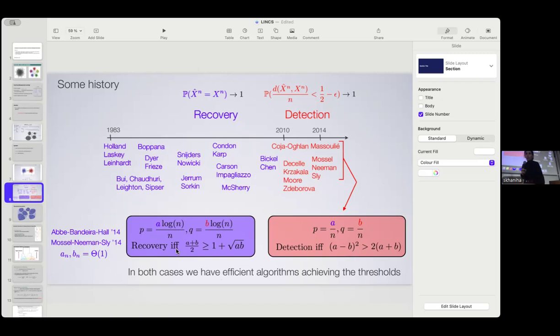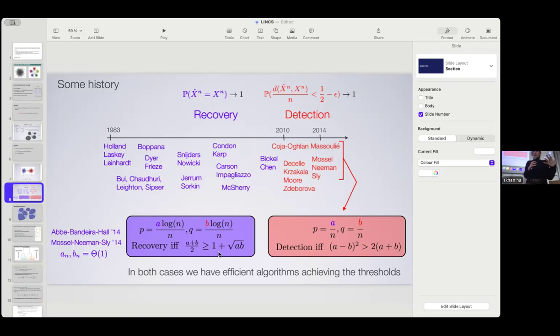And this part of the inequality shows that we should have enough edges between the communities. This A plus B divided by 2 is the expectation of the number of edges that we have at each node. It should be more than 1, so we have big enough communities, and it should be more than that to be able to recover the clusters.